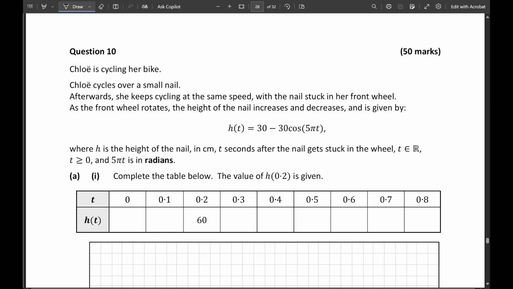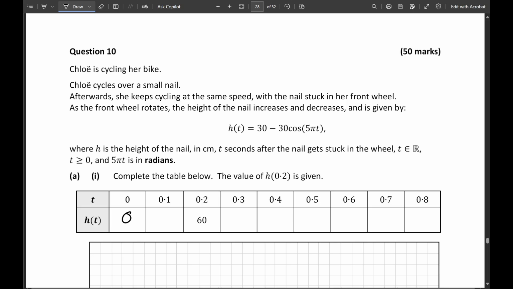Why is it giving me a math error? Starting at 0, go to 0.8 in steps of 0.1. I'm not sure why it's giving me a math error here. I guess I'll do it manually.